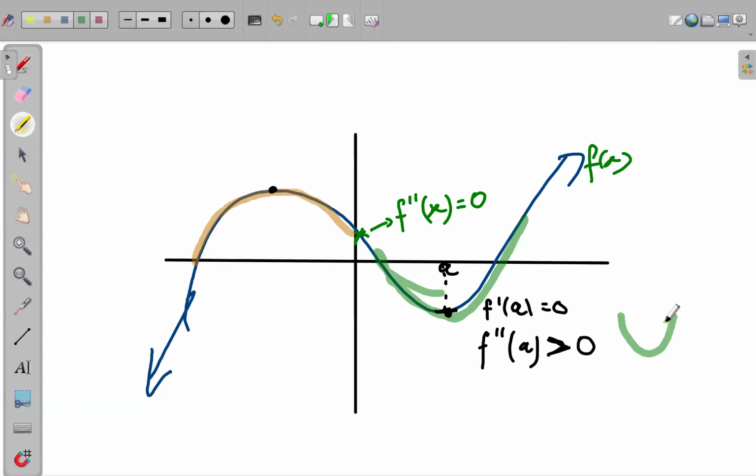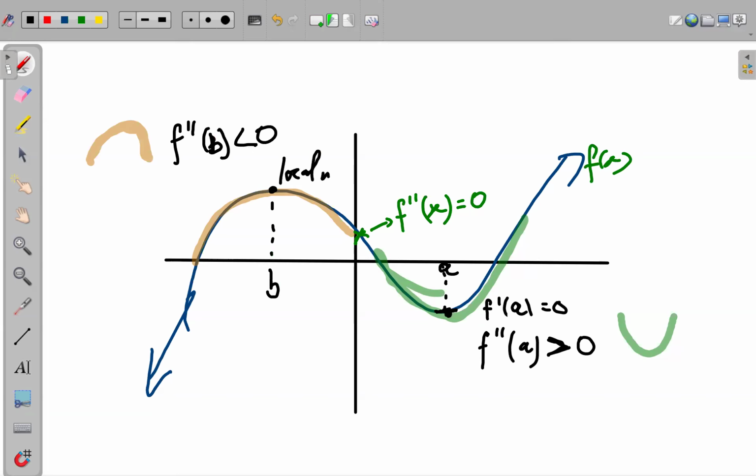When the second derivative is negative at a point, it means your graph has to be concave down, and that would mean you have a local max. So please beware of this. Let's call this one point B. If the second derivative at B is negative, then I know I've got a local max. And of course, here the derivative is still 0.